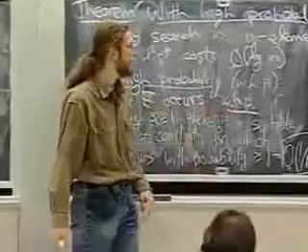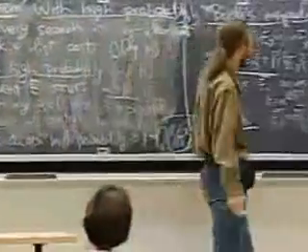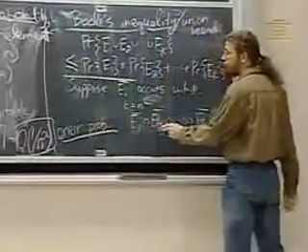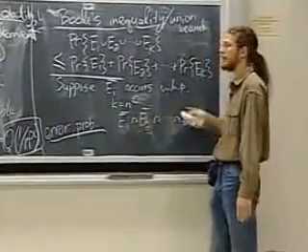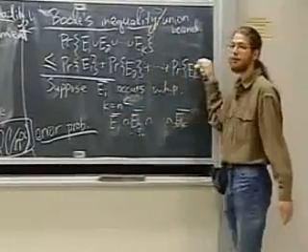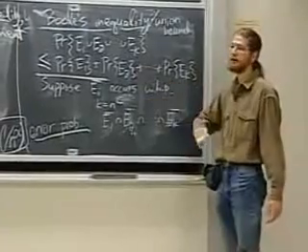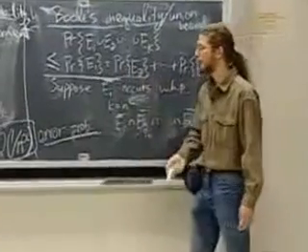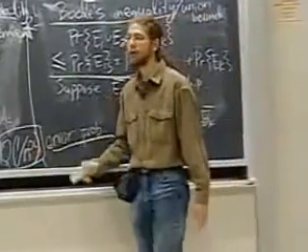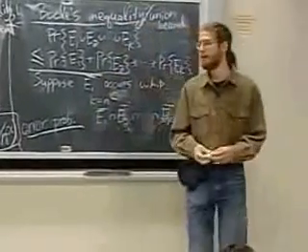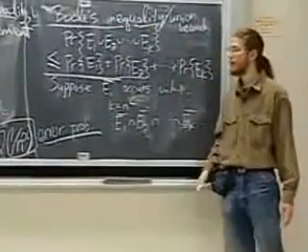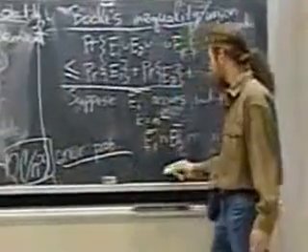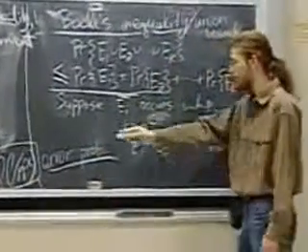I'm changing the alpha, so the union bound tells me the probability of any one of these failing, the probability of this failing or this failing or this failing, which is this thing, is at most the sum of the probabilities of each failure. These are the error probabilities. I know that each of them is at most 1 over n to the alpha with a constant in front. If I add them all up, there's only n to the c of them. So I multiply this error probability by n to the c.